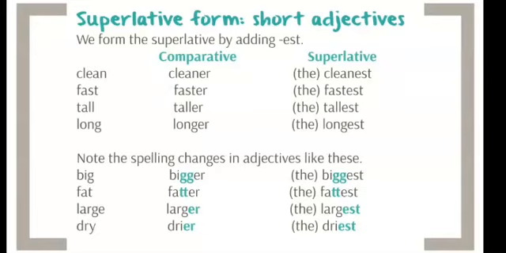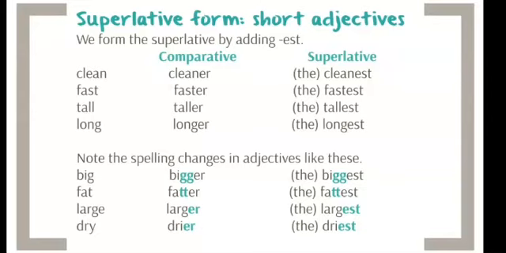Habíamos mencionado anteriormente qué pasa con esos adjetivos que están formados por consonant, vowel, consonant. Si ustedes pueden observar aquí en el video, dice: note the spelling change in adjectives like this. Recuerden que cuando el adjetivo está formado por consonant, vowel, consonant, ¿qué es lo que hacemos? Doblar o escribir de nuevo la última consonante.